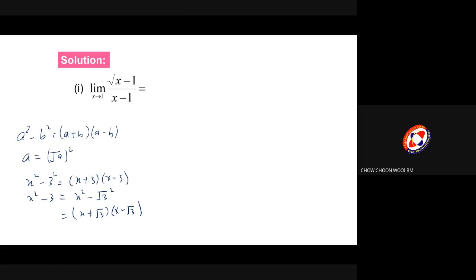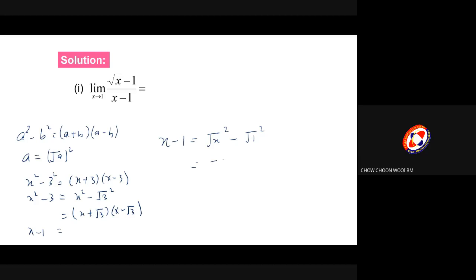Okey. So let's say for example, X minus 1. If you look at X minus 1, dia akan jadi apa? Atau saya tulis sini besar sikit. X minus 1. How to factorize it? Dia akan jadi sert X kuasa 2 tolak sert 1 kuasa 2, di mana sert 1 kuasa 2 is 1, right not?